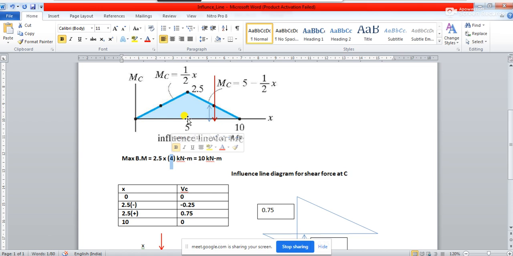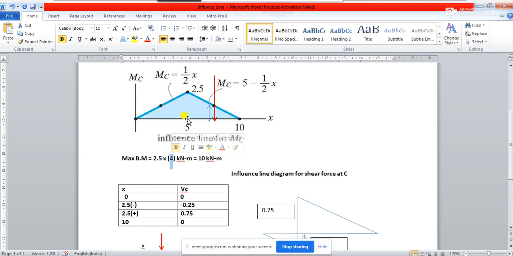That gives you the shear force, bending moment or reaction, whatever quantity you want to calculate. So this is all about concentrated force, and it's very simple.